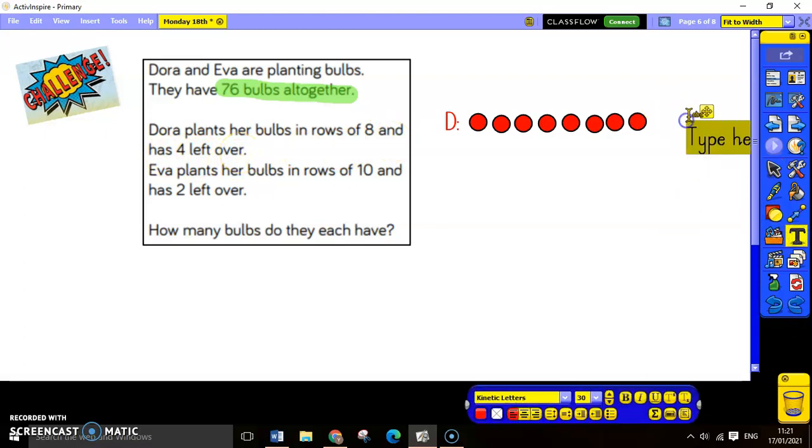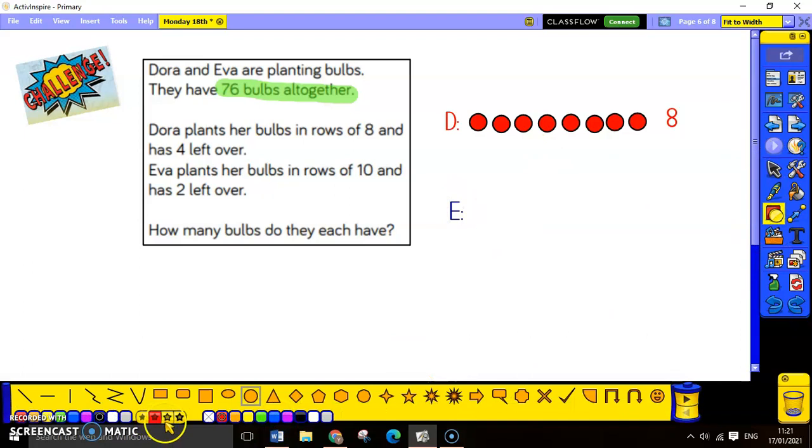Okay, so Dora's got rows of 8. And then it says Eva plants her bulbs in rows of 10. Okay, well, let's change our colour for Eva. Let's do the same for Eva, draw a picture. And Eva does rows of 10.